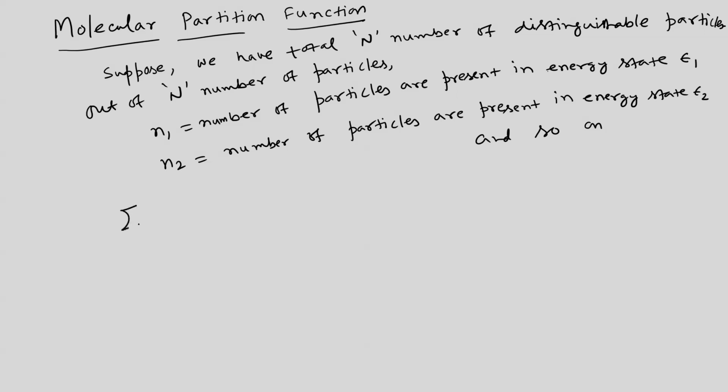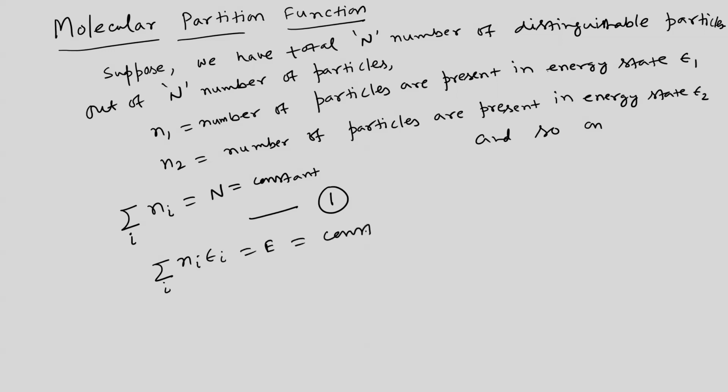So, we can write the sum over i of Ni is nothing but capital N, which is constant. So, suppose this is our equation number 1, and the sum over i of Ni epsilon i is E, the total energy, that is also a constant, and this is our expression 2. Okay.